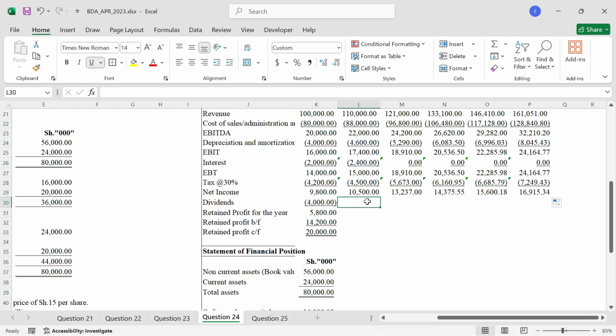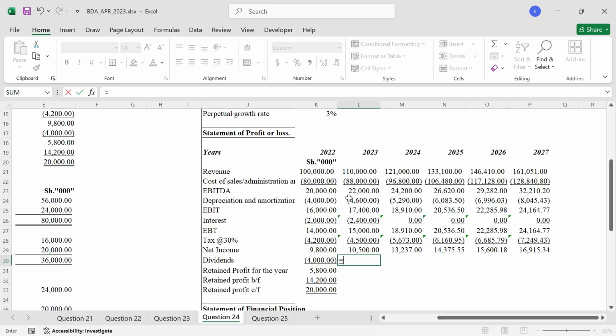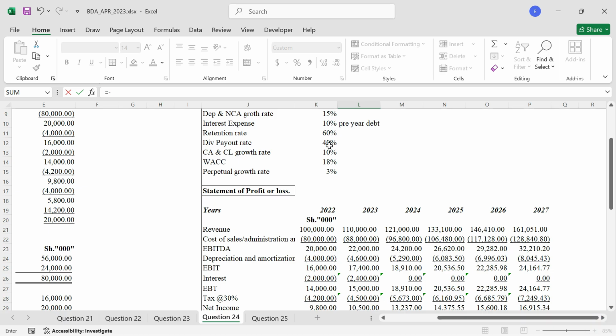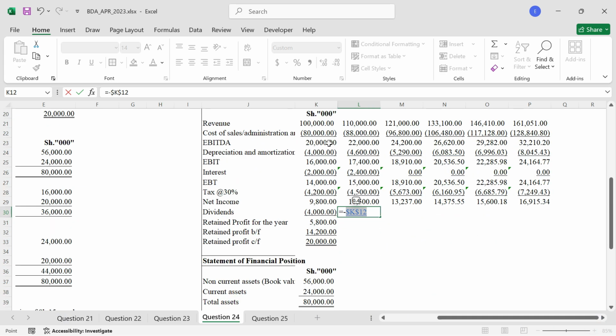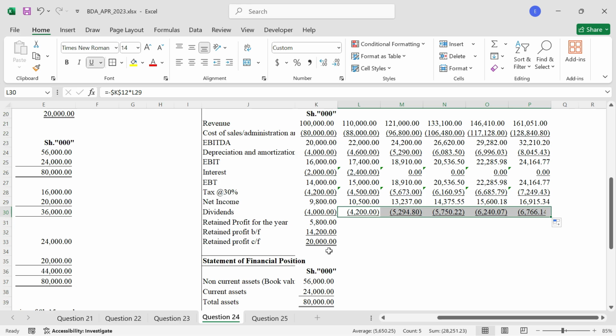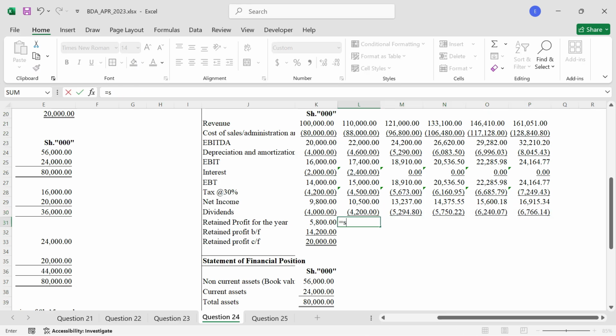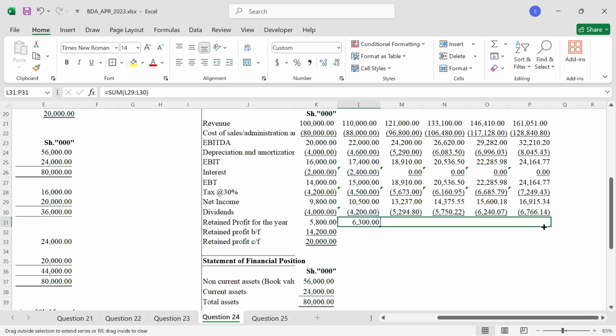For dividends, I have a dividend payout rate, which will be equal to minus 40%, which I lock, and multiply by net income. My retained profit will be the sum from the previous total. My retained profit brought forward will be the retained profit carried forward in the previous year.